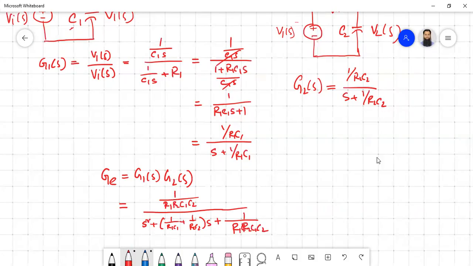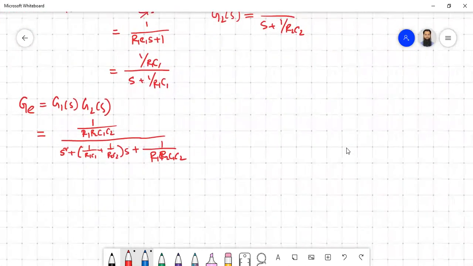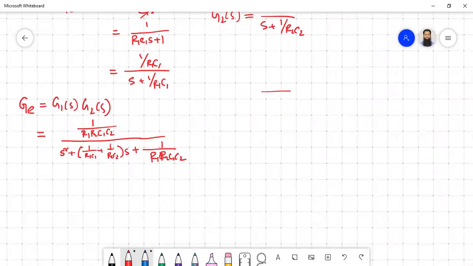So this is the transfer function simply by multiplying these two. This should be valid even if you connect the two subsystems, like if you have connected both subsystems.